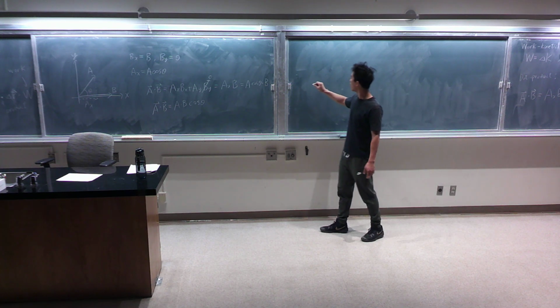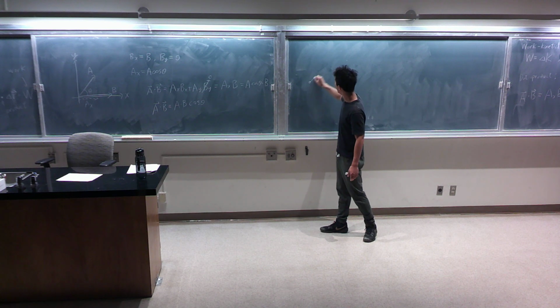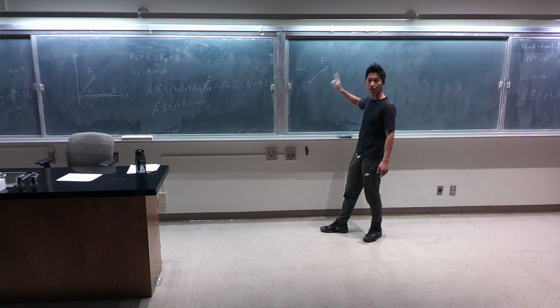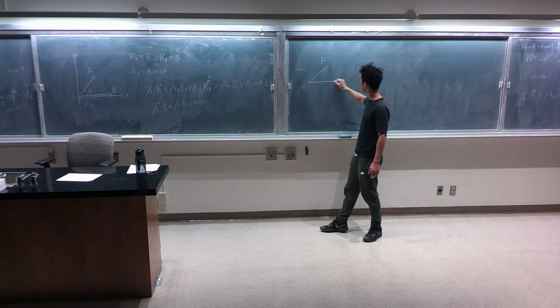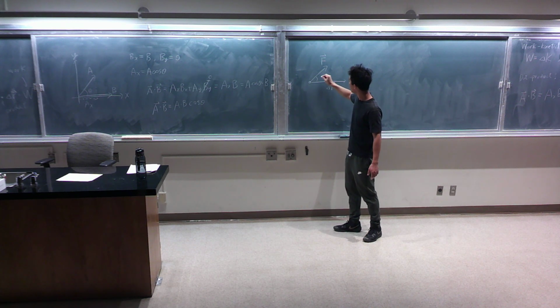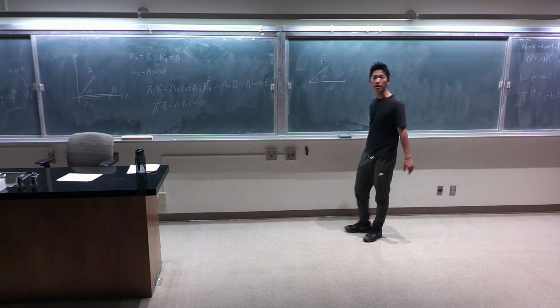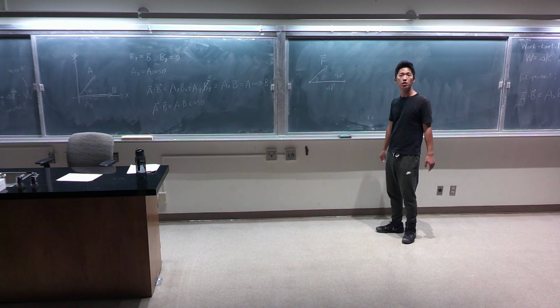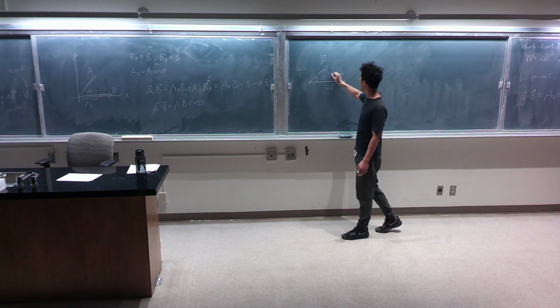Let's say I am pulling a thing with this force, and I move the thing with this displacement. Now, is the angle between these two vectors bigger or smaller than 90 degrees? Smaller.